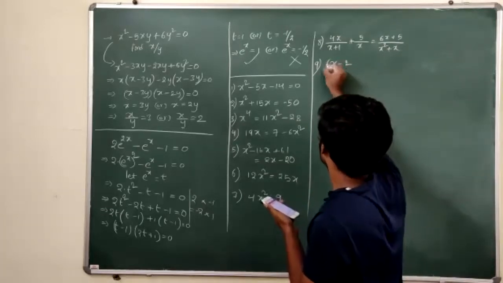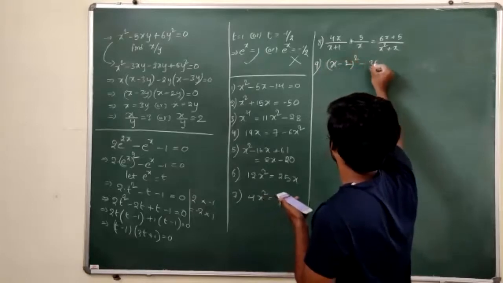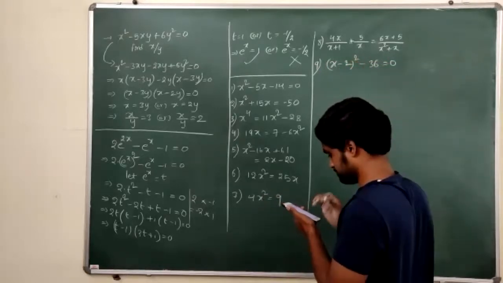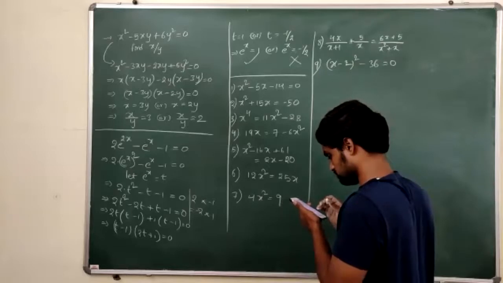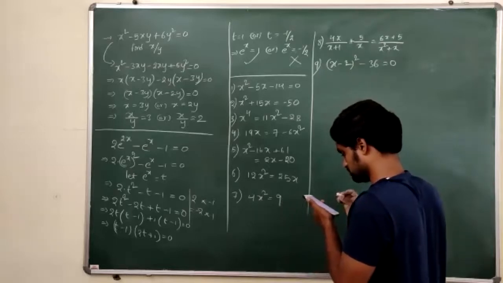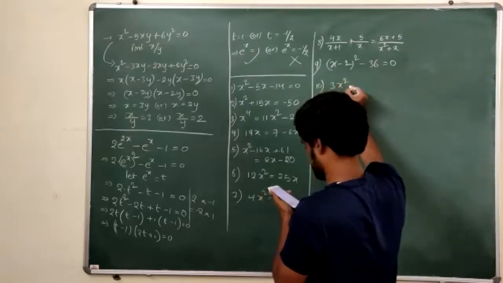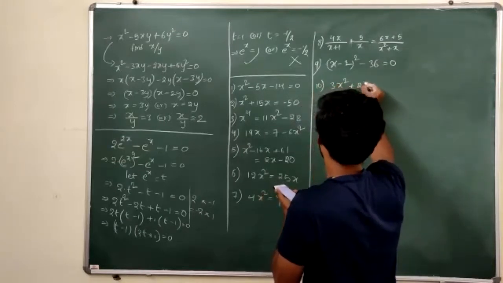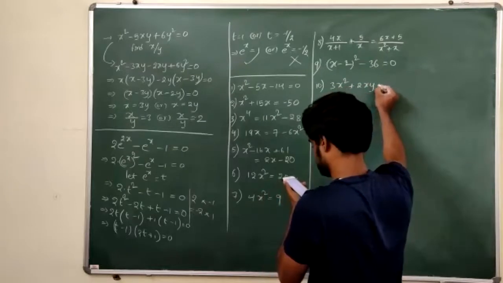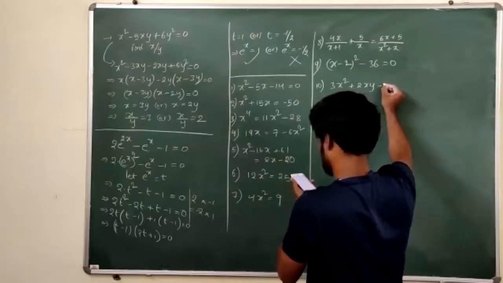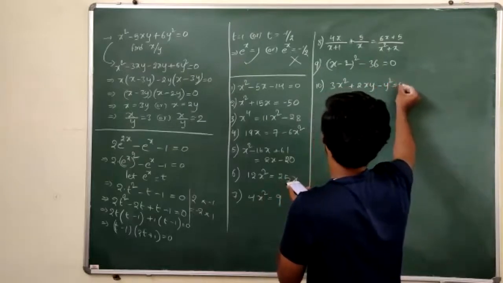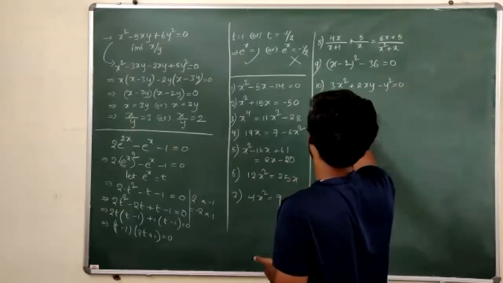X minus 2 whole square minus 36 is equal to 0. Three x square plus 2xy minus y square is equal to 0. This question, find x by y.